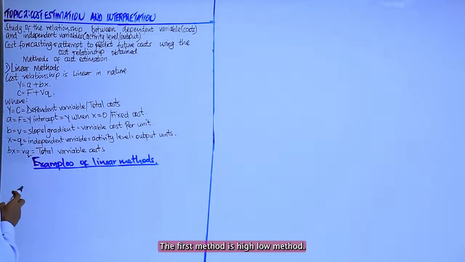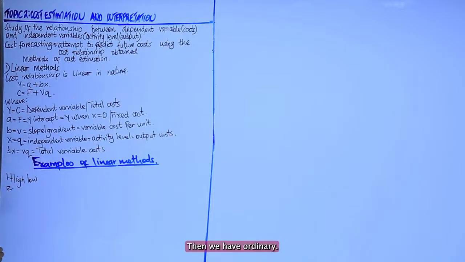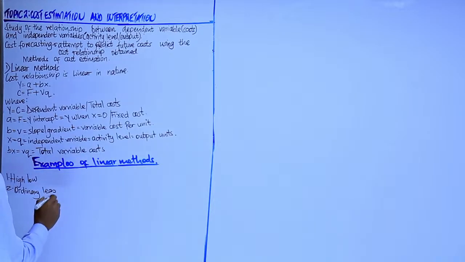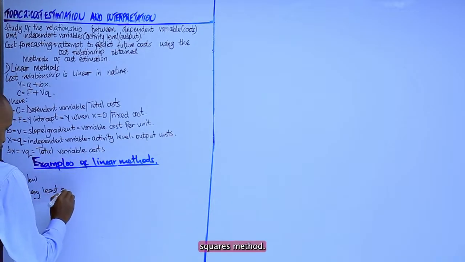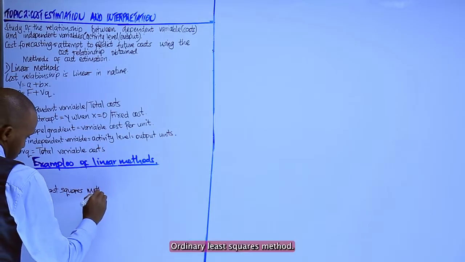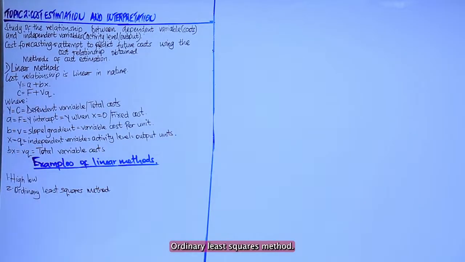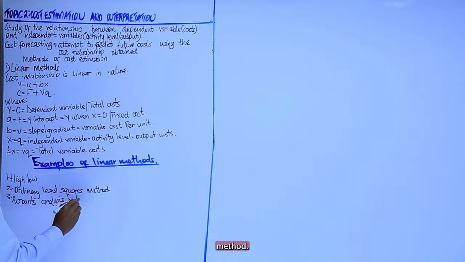The first method is the high-low method. Then we have the ordinary least squares method. The third method is the accounts analysis method.